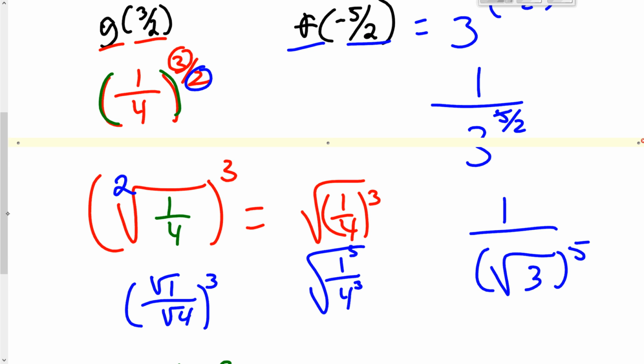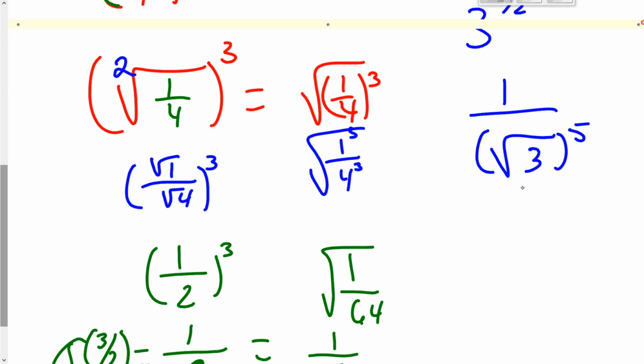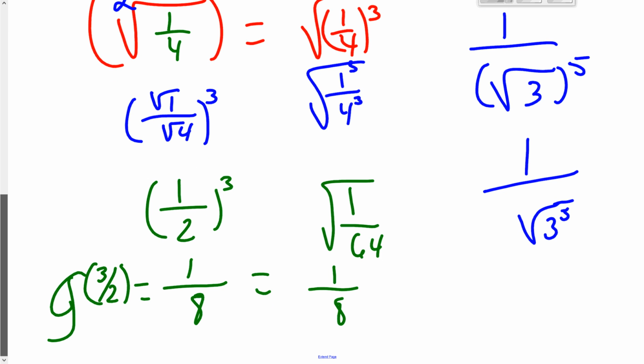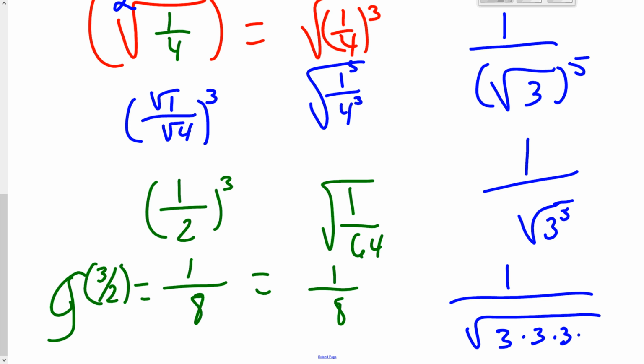Or, because I don't know the square root of 3 to the fifth off the top of my head, I might want it on the inside with the 3, because maybe I have that answer better, right? So 3 cubed, 3 times itself 5 times, which I don't know off the top of my head, but that's okay, because 3 to the 5th is 3 5s, right?